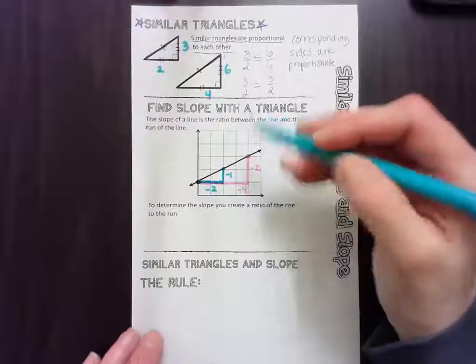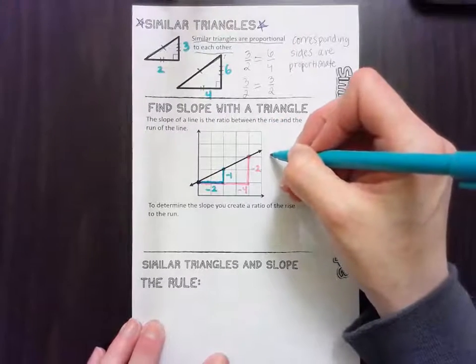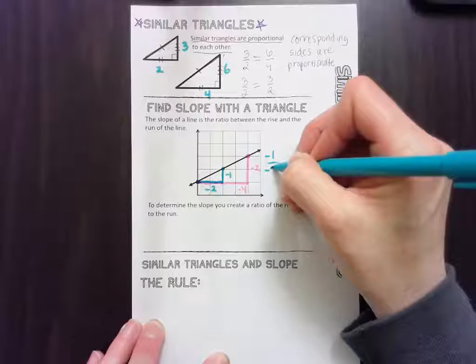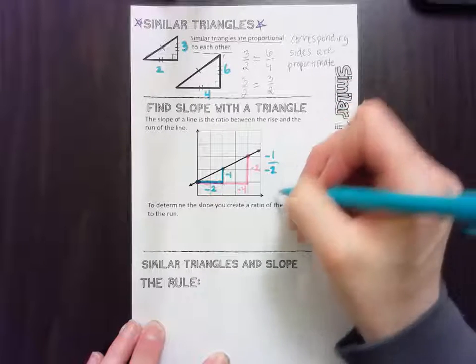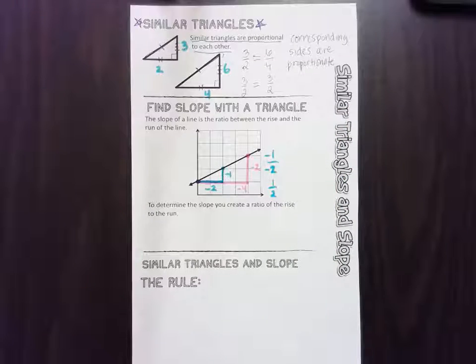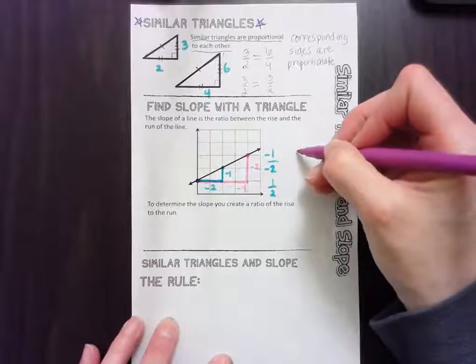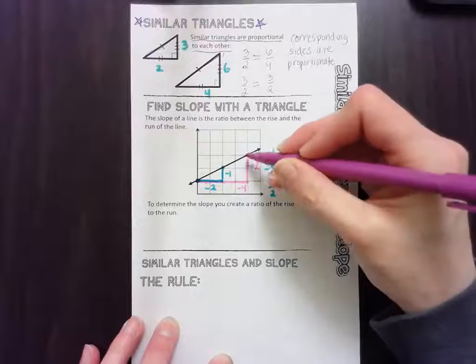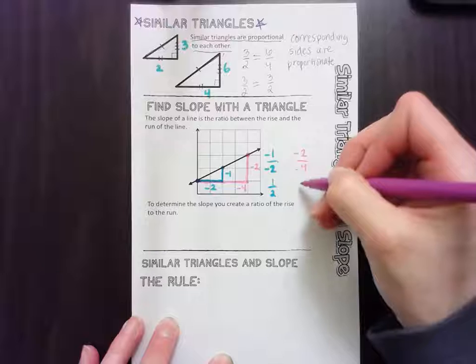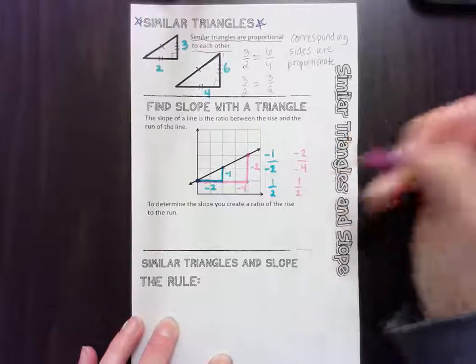So now if I take my rise and run and write it as a fraction or a proportion, my green line was -1 over -2, which would simplify to 1/2. And my pink triangle, the rise was -2, the run was -4. And that's going to simplify to 1/2.